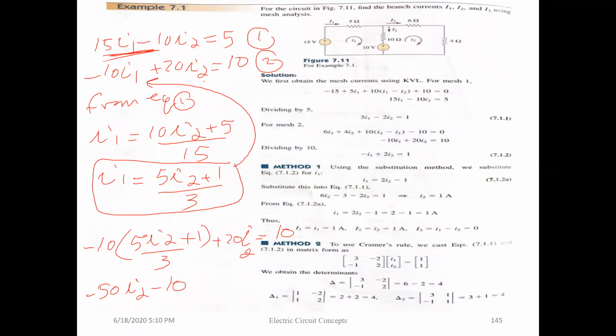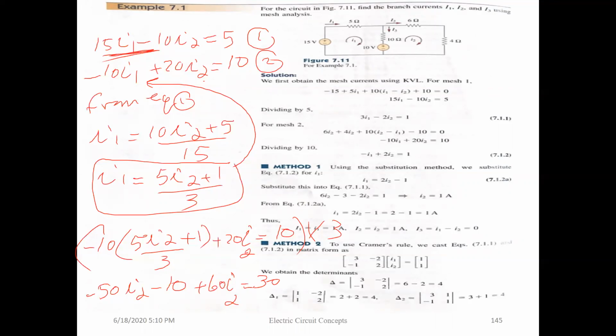You have to multiply both sides; you cannot just multiply the left-hand side without multiplying the right-hand side by 3. So 3 times 20 is 60I2, and the right-hand side will be 10 times 3 is 30.